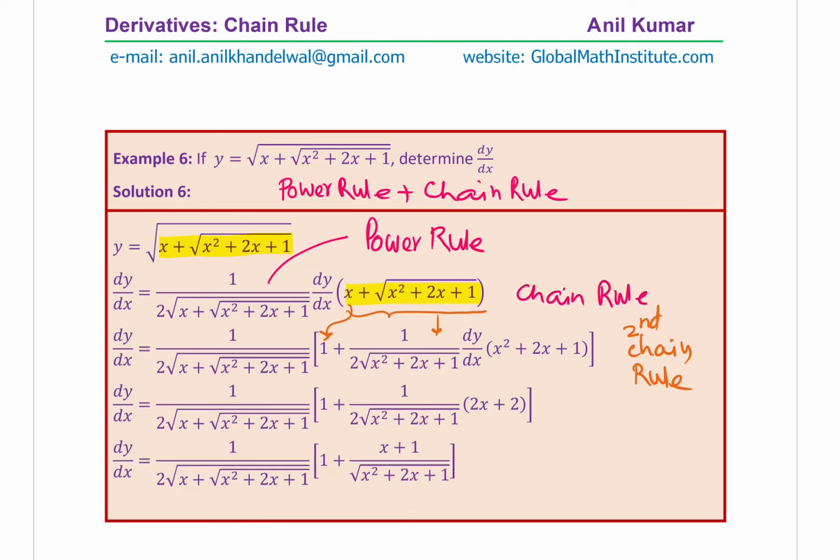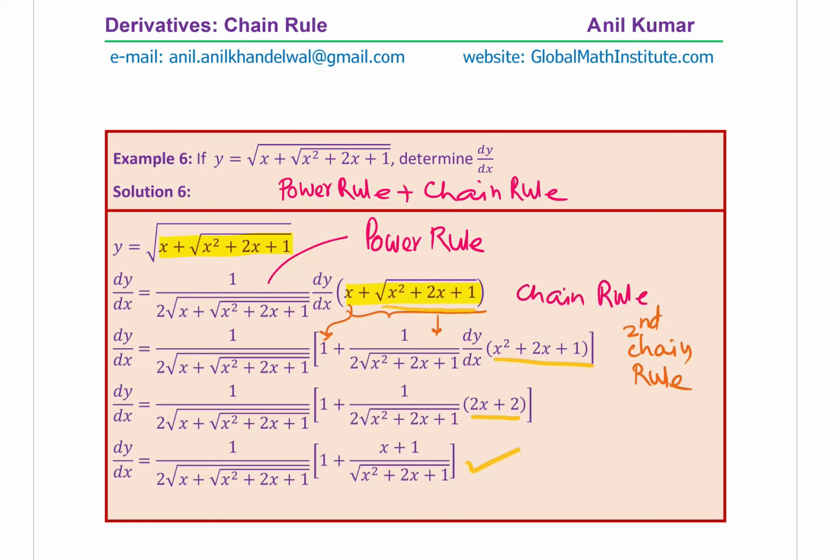Correct? And then you get 1 over 2 square root of x squared plus 2x plus 1, times d/dx of x squared plus 2x plus 1, which is the inside function. Is that clear? And the derivative of this is 2x plus 2. Now you can simplify and write down your result. So that is how you should be doing it.